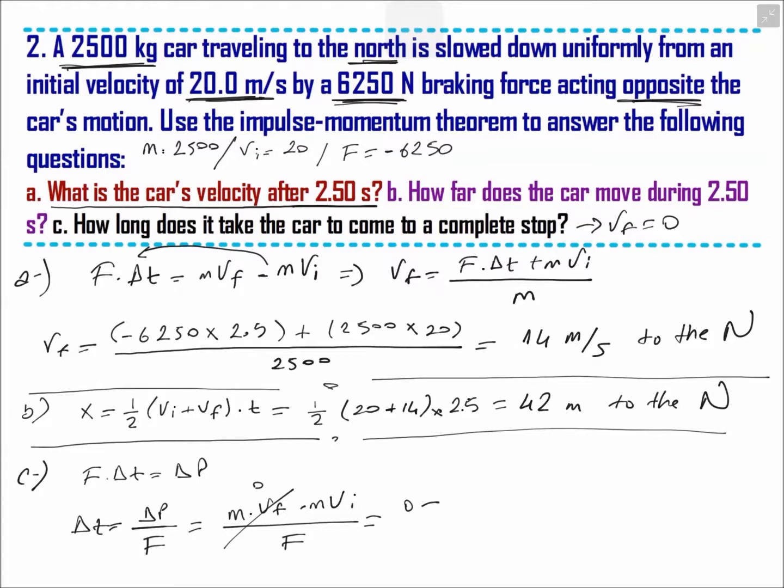So 0 minus 2500 times the initial velocity 20, over F, which is negative 6250. So the result will be 8 seconds. And the time can only be positive.